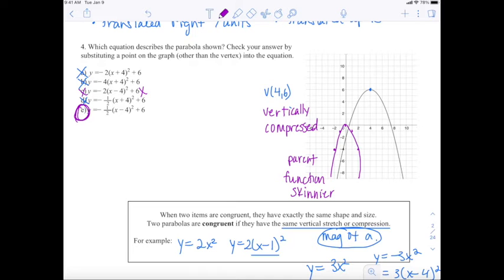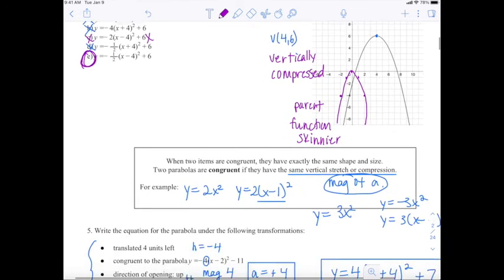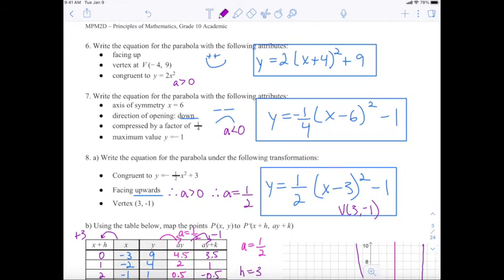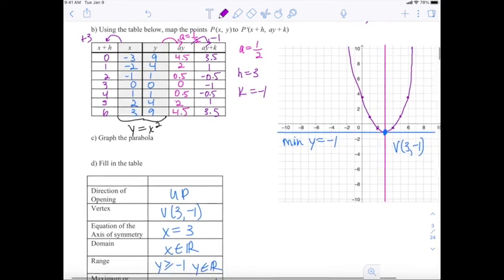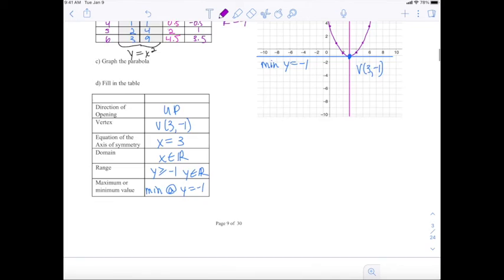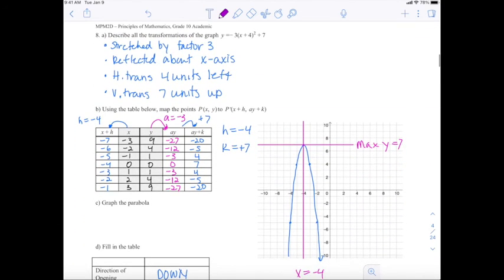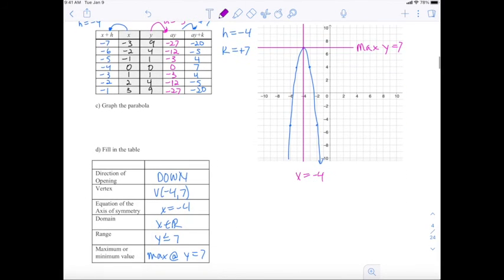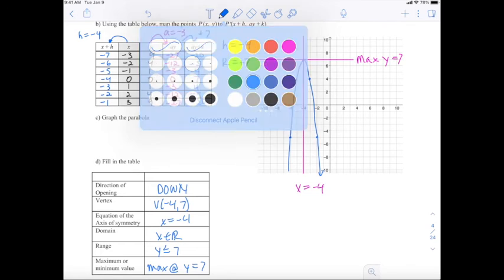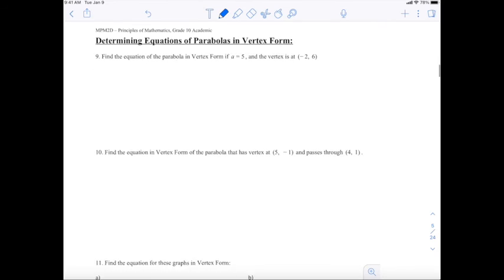Okay, here we go. These are the answers to number 4. All right, let's move to number 9.